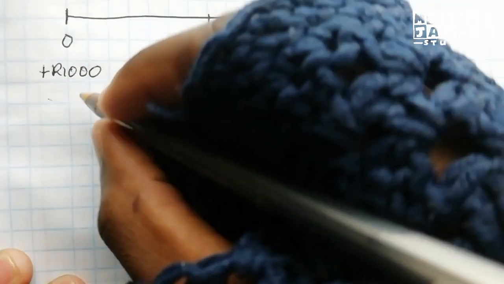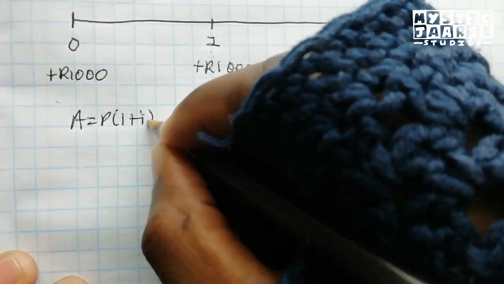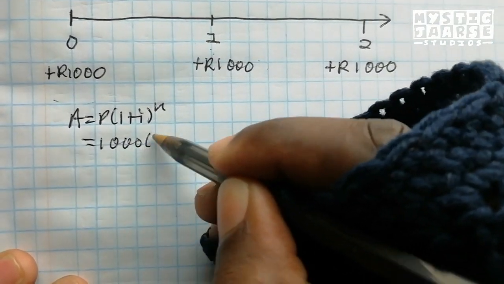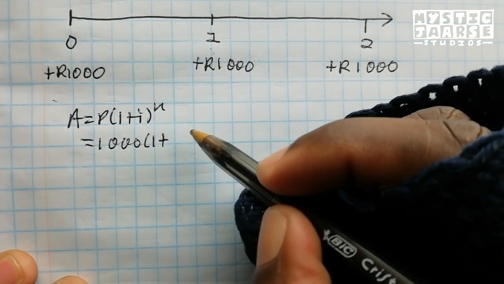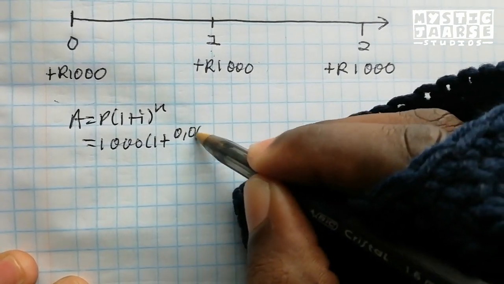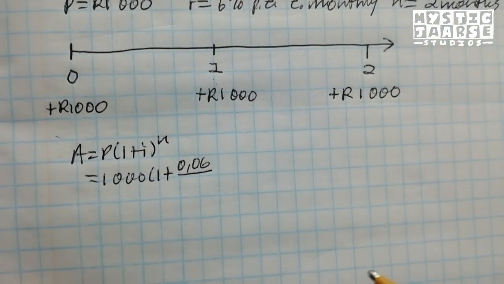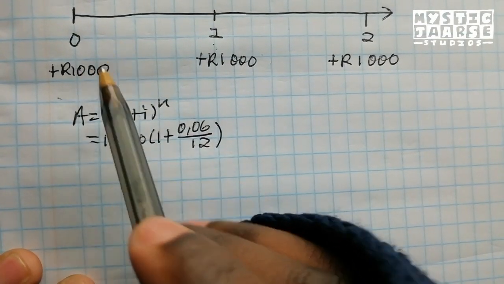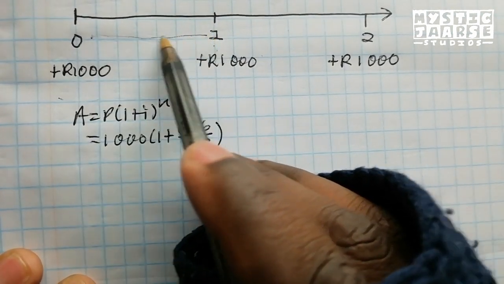So we have accumulated amount is equal to principal amount times 1 plus i to the power of n. Our principal amount is 1000 rands times 1 plus our interest rate as a decimal, 6% divided by 100, which gives us 0.06, divided by the compounding frequency, which is monthly, so it is 12, to the power of, now we are only compounding this 1000 rand for 1 month.